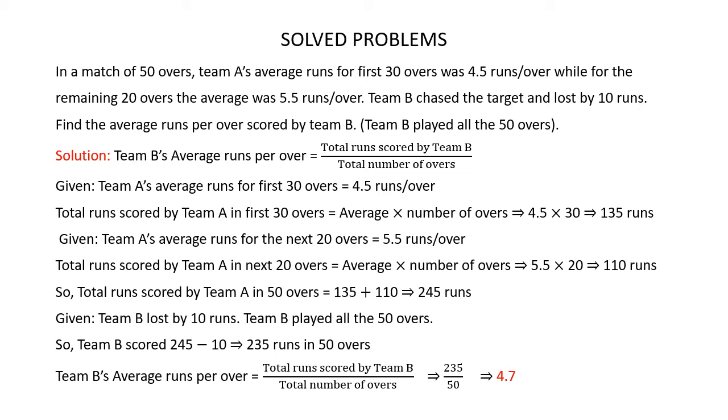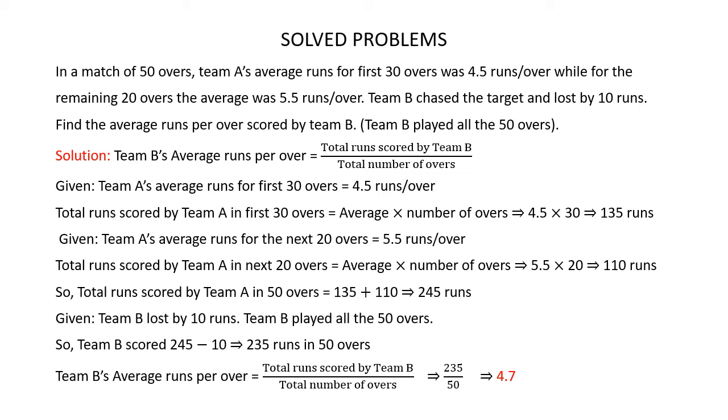Now it's given that Team A's average runs for the next 20 overs is 5.5 runs per over. So total runs scored by Team A in the next 20 overs is average multiplied by number of overs, which is 5.5 multiplied by 20, which gives us 110 runs. So total runs scored by Team A in the next 20 overs is 110 runs.